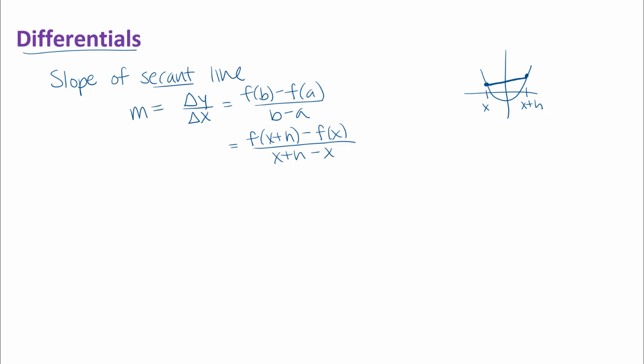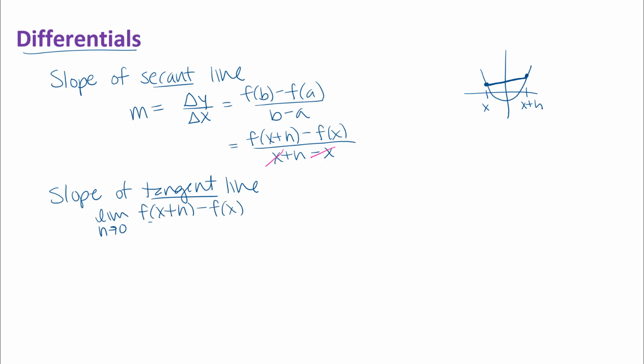So again, change in output over change in input, and then the x's cancel. That difference quotient should look like what you remember from when we calculated the slope of a tangent line. So we took the limit as h approached 0 of f of x plus h minus f of x all over h.